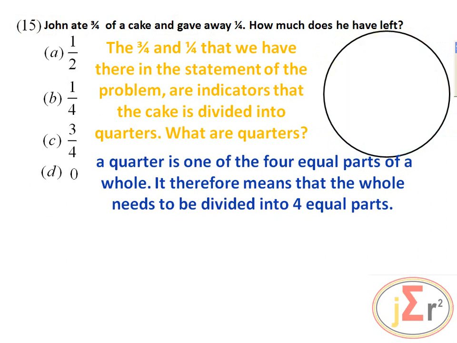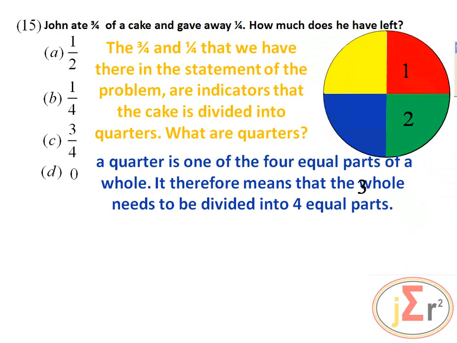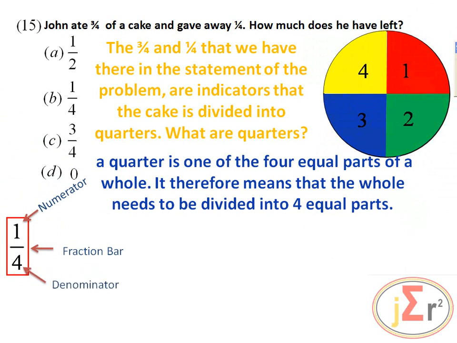So a quarter is one of the 4 equal parts of a whole. It therefore means that the whole needs to be divided into 4 equal parts. So we have the whole divided into 4 equal parts, and we have 1/4 represented right there, and we are taking a look at the parts of the fraction: the numerator, the fraction bar, and the denominator.